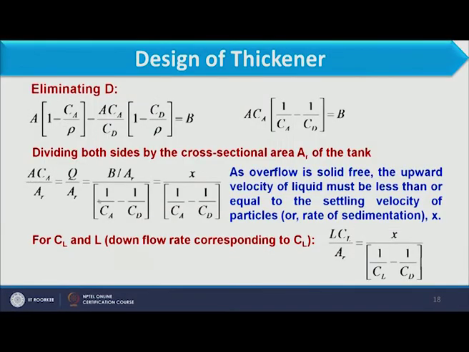That we call the capacity limiting layer. In that layer the flow we denote with capital L, and the concentration of that layer is Cl, which is moving downward. So we can replace A Ca by AR with L Cl by AR, and that is x by (1 by Cl minus 1 by Cd). So this is the final equation for design of thickener.